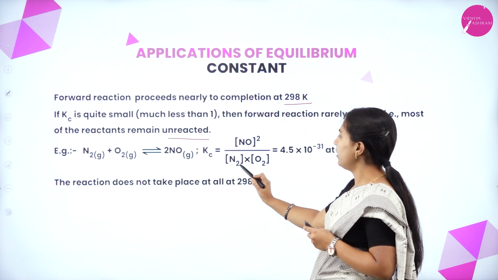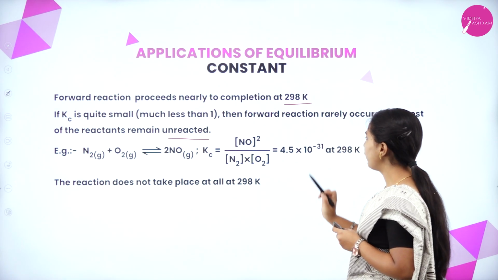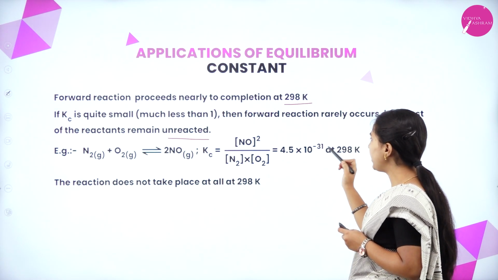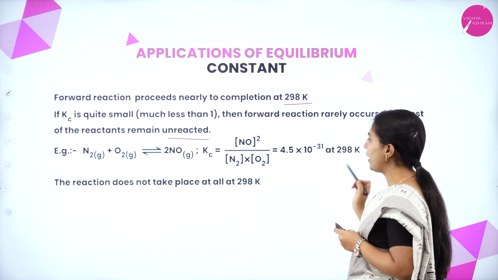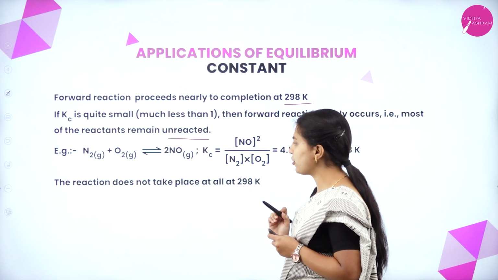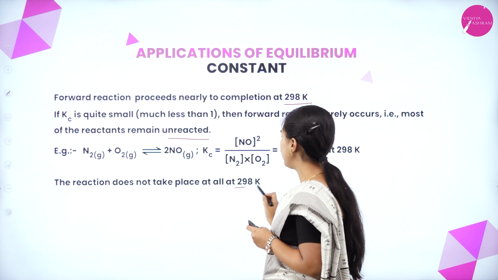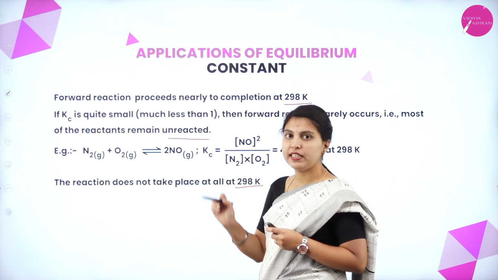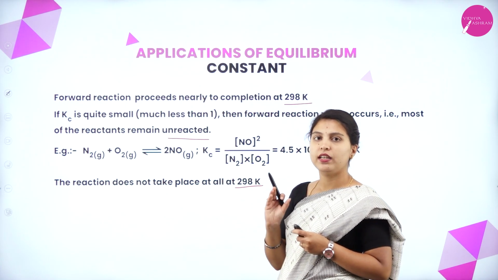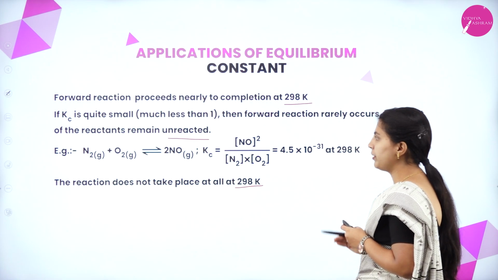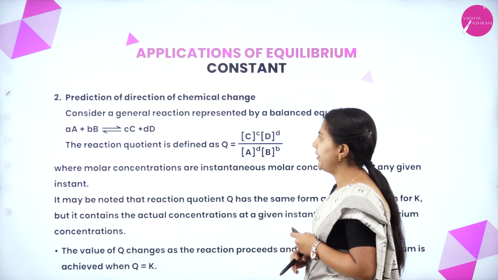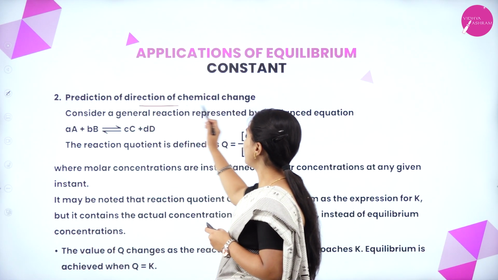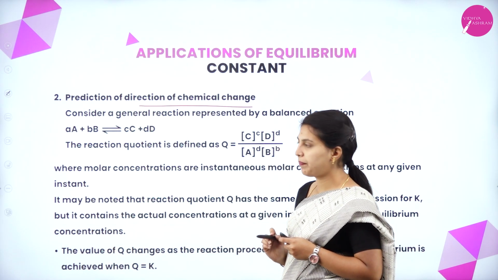Here the reactants, here the product, Kc is 4.5 times 10 to the power of minus 31 at 298 Kelvin. The reaction does not take place at all at 298 Kelvin, meaning most of the reactants remain unreacted.